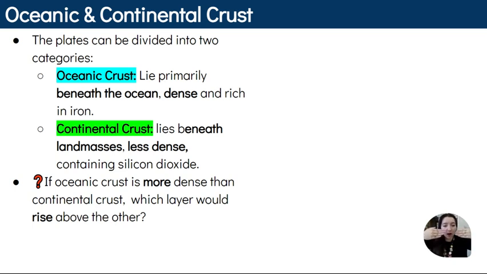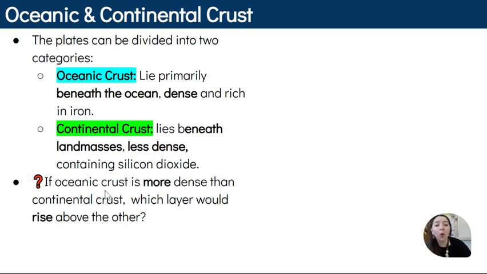So they're coming together, oceanic and continental. They're coming together, and it's going to cause one of the plates to go up and one of them to sink below. And the one that goes up is going to be less dense. The one that sinks below is the one that's going to be more dense. So the less dense one is going to rise up. The more dense one is going to sink.